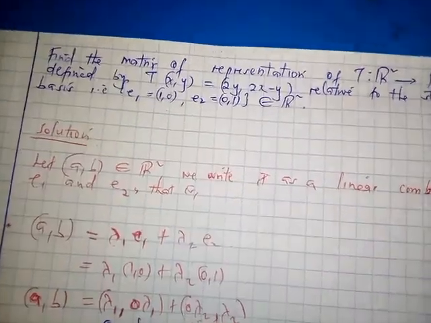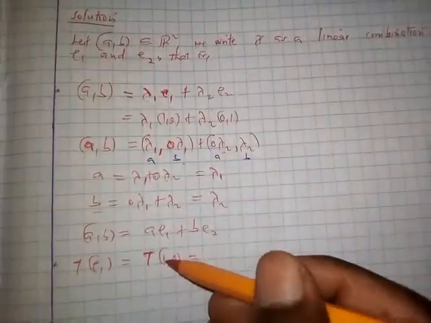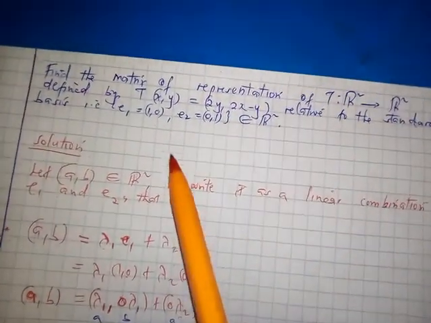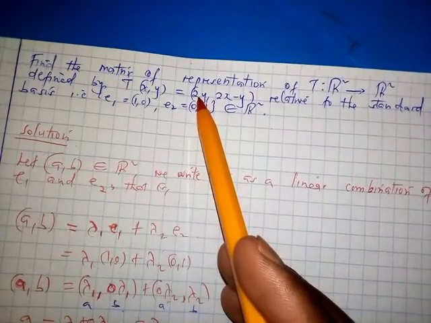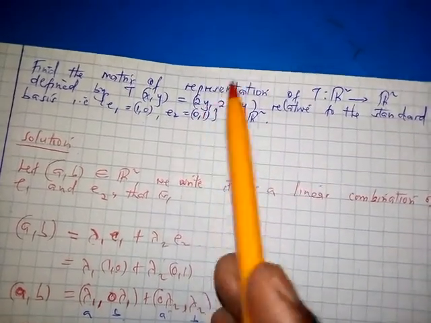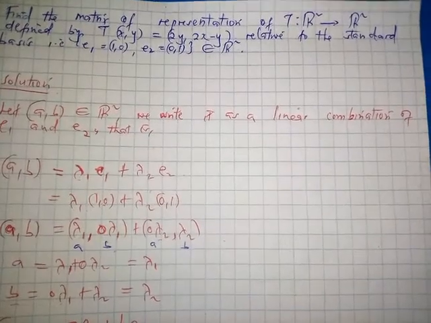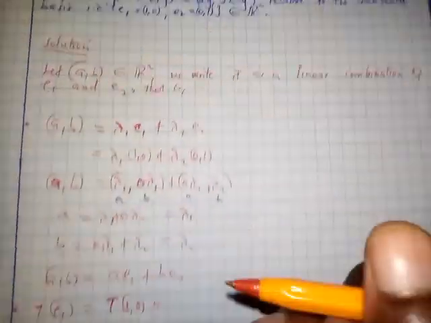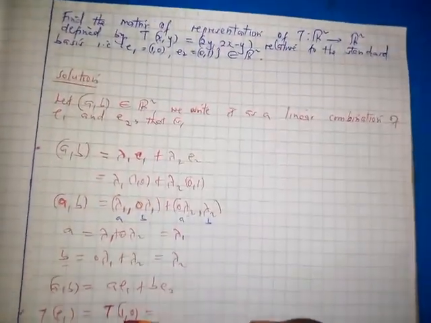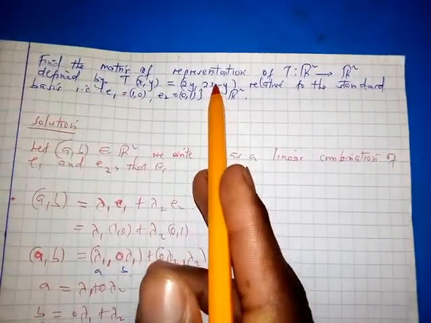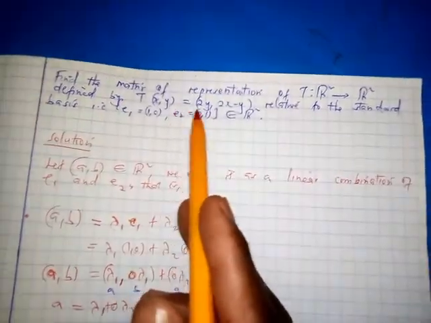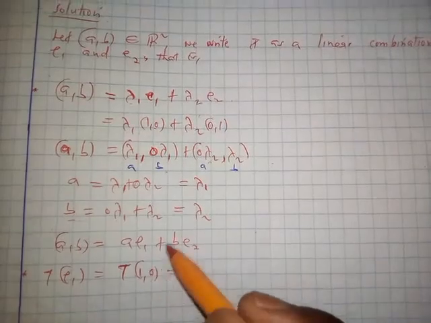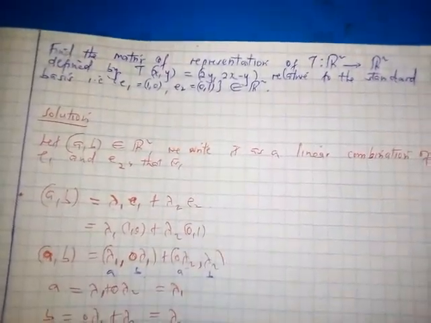Are you there? x is 1, y is 0. So we substitute this in the given T(x, y). Here it is 2y, and y is 0, so it will be 0.